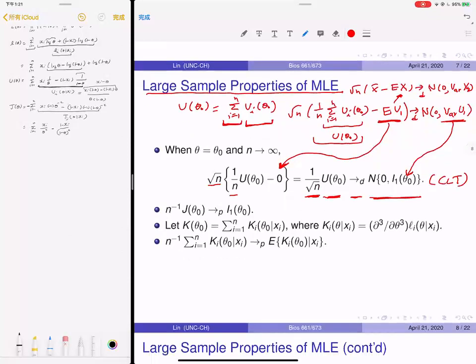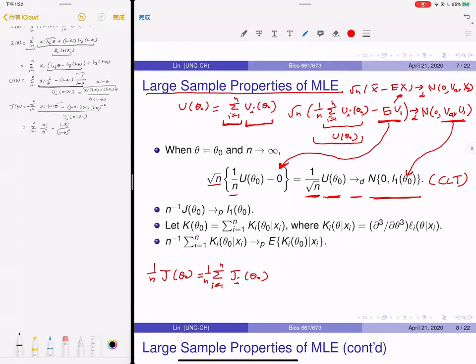Then for this next one, not surprisingly, what theorem am I going to use? If you look at J(theta 0), it's nothing but a summation, i from 1 to n, of J_i(theta 0). If you write down 1 over n times J(theta), it's really nothing but 1 over n times the summation, i from 1 to n, of J_i(theta 0).